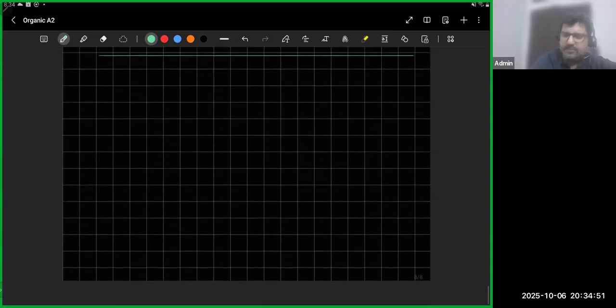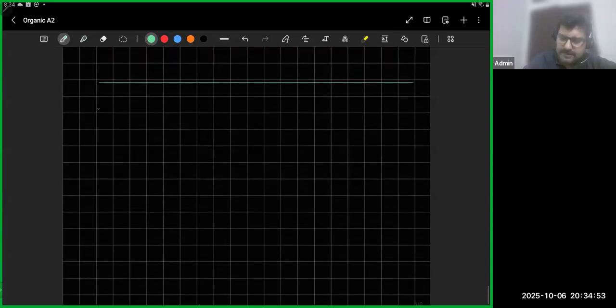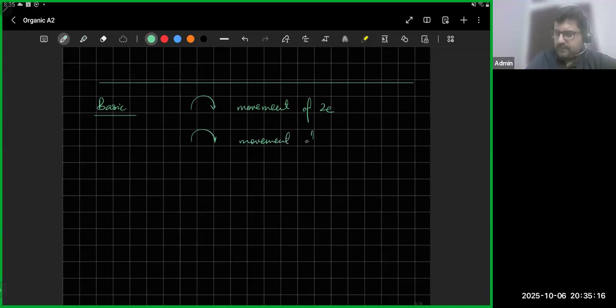Okay, now we come to the basic stuff first, which is the arrows. A double arrow is the movement of two electrons. A single arrow is the movement of one electron. And always remember the arrow represents the movement of electrons, nothing else.